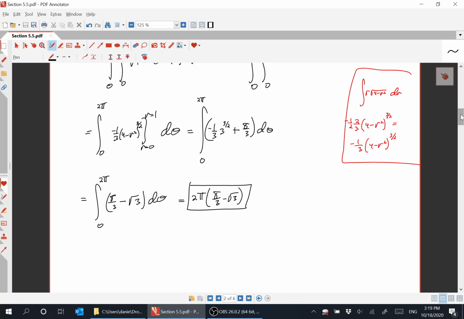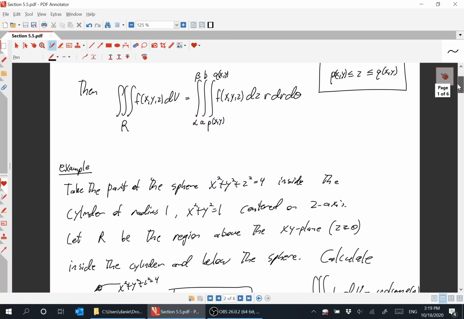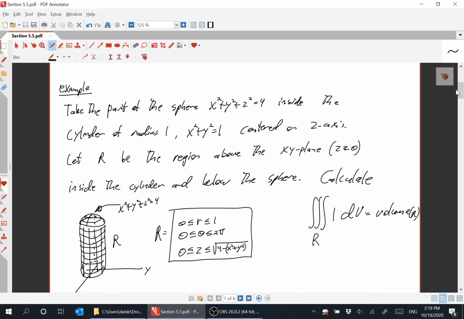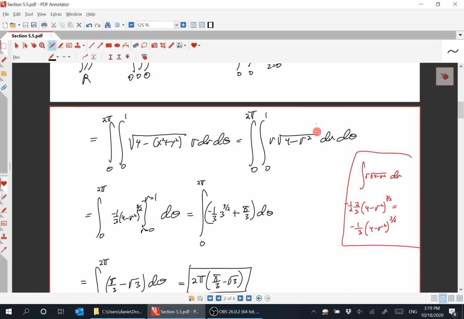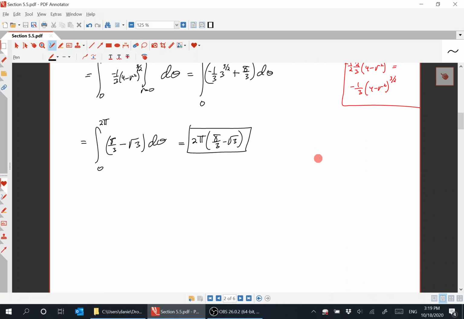And we've seen a couple regions in which this has been useful. There's that example we did in class the other day where we had this region, if you remember. So this was that paraboloid upside down, meeting the xy plane right there.